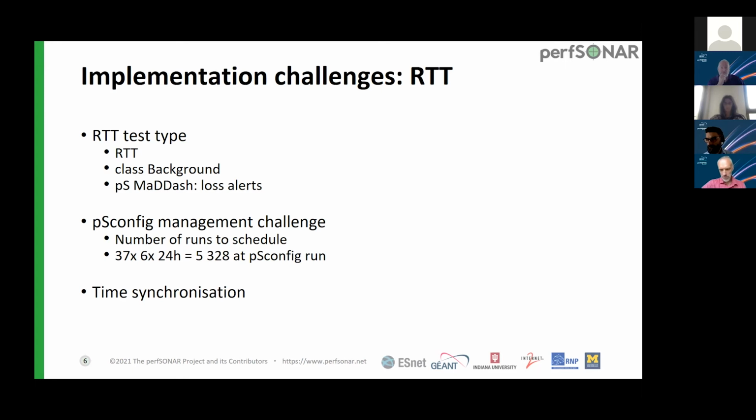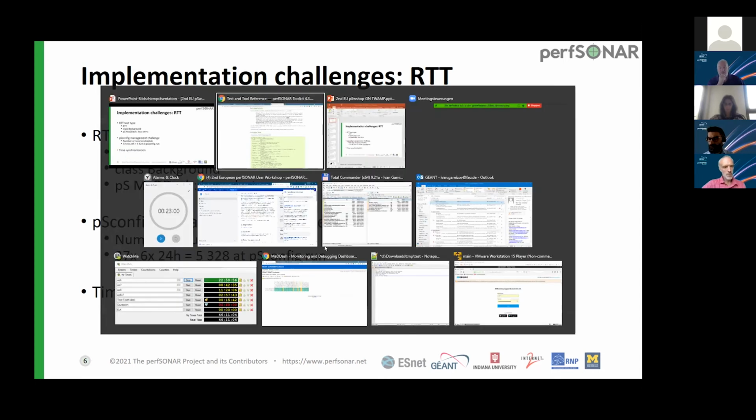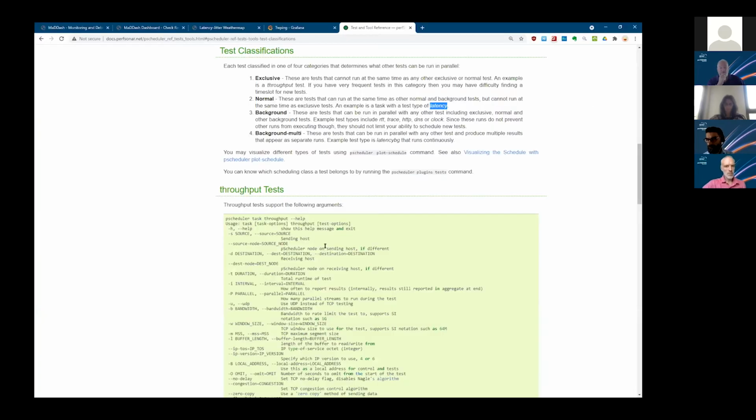So what's the challenge? As I talked about here in the categories of tests, there is a difference between background and background multi-tests. With background tests, you can run them along with other tests, but the problem is that you have to schedule each one of them alone.